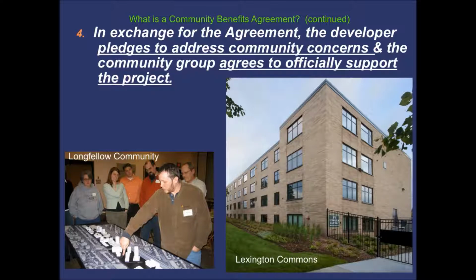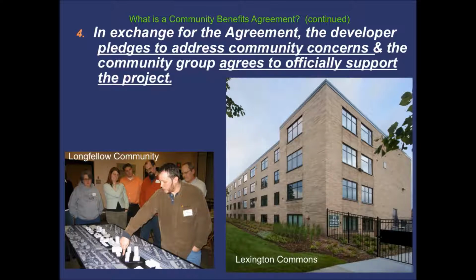And so working together, the community groups and the elected officials can shape and define some aspects of development as proposed in their community. This is the Longfellow community on the left, and Lexington Commons, which was the result of that Common Bond UPDC community benefit agreement.